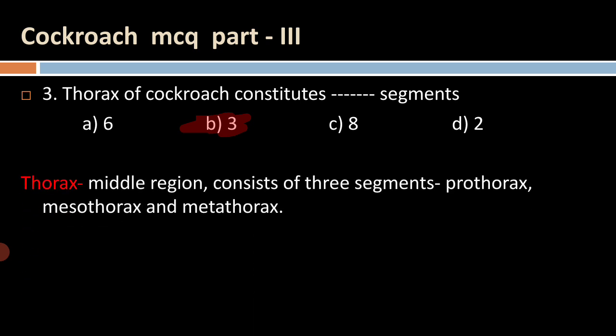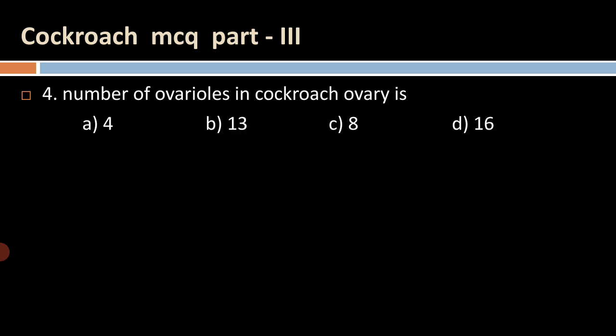This thorax region is the middle part of the body, and consists of 3 segments, which are called prothorax, mesothorax and metathorax.